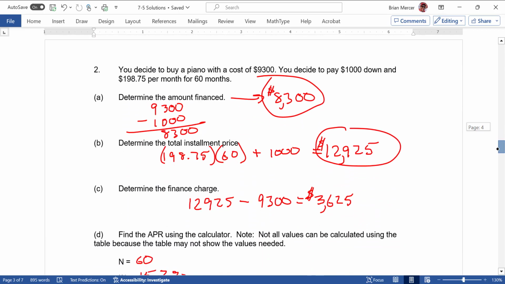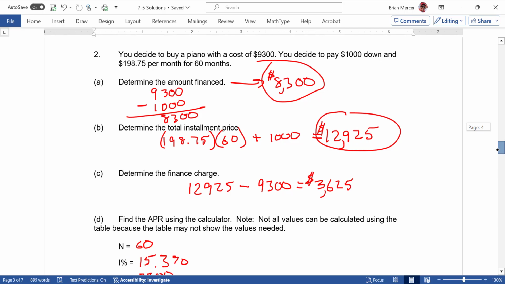Here's just another question that's very much identical. $9,300, $1,000 down, $198 per month for 60 months, and so do all those calculations.